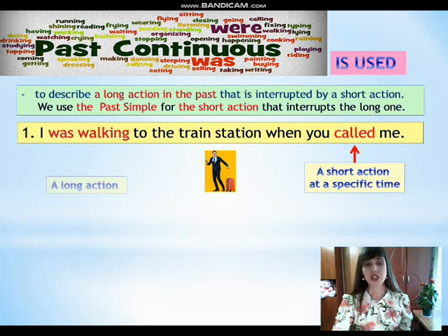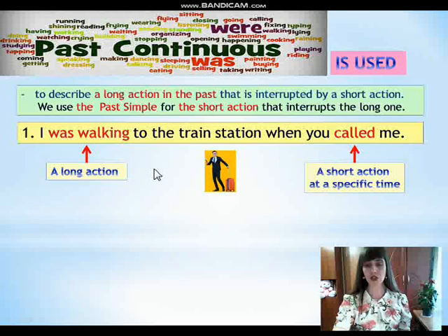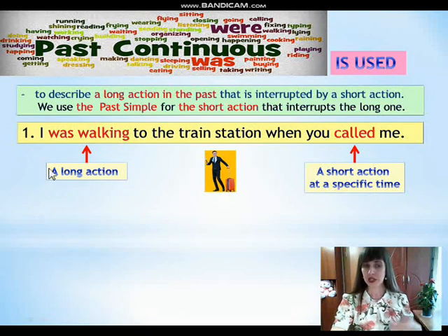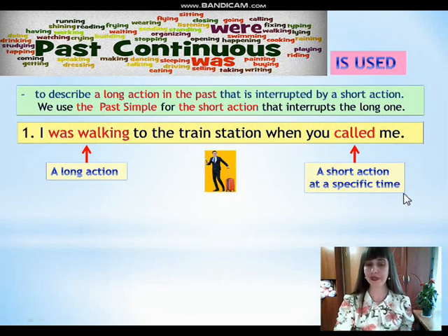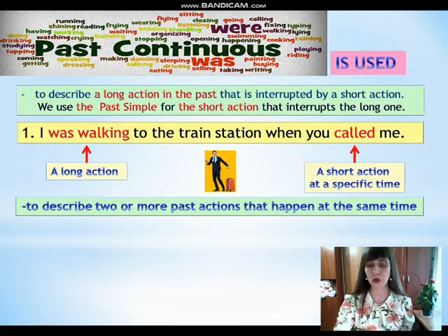And this interrupts the long action. I was walking to the train station. That is a long action that was interrupted by a short action at a specific time. Okay? Let's have a look at our next example, next rule.